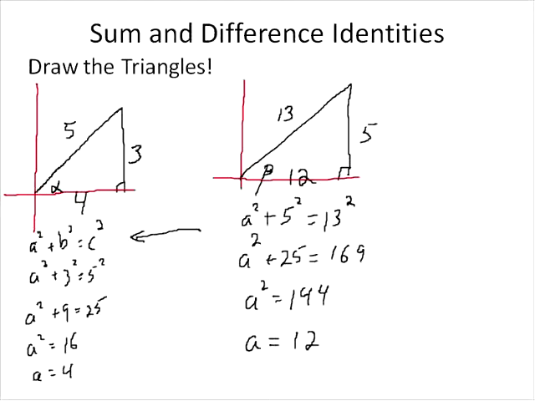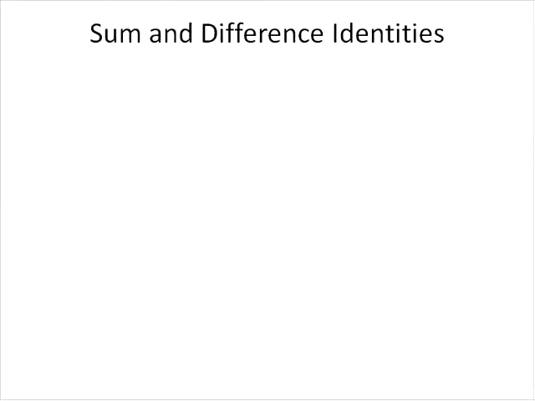Okay. Now that we have these triangles, we can go ahead and try to solve these identities, find the sum. So from the triangle, what I know is the sine of alpha, of course, we were given that, the sine of alpha was 3/5, and the sine of beta was 5/13.